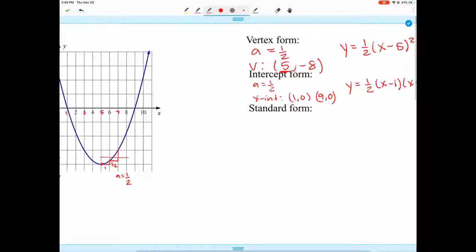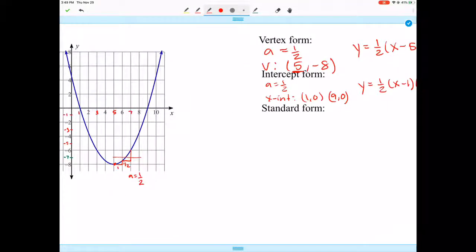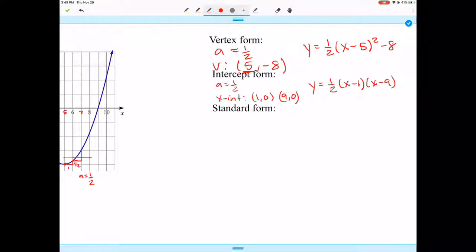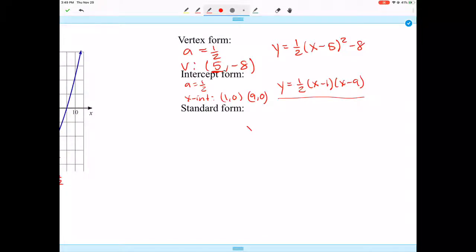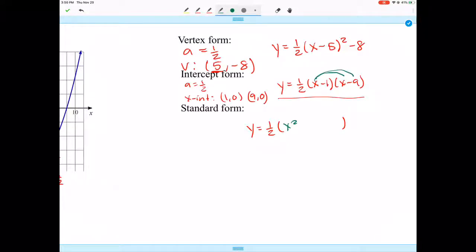like I said, you can do what I showed you, or you can just distribute. So here I'm going to distribute, I'm just going to write it right here. So we'll distribute x to x, that gives us x squared, x to negative 9, that gives us negative 9x, negative 1 to x is negative x, and then negative 1 times a negative 9 gives us a positive 9.